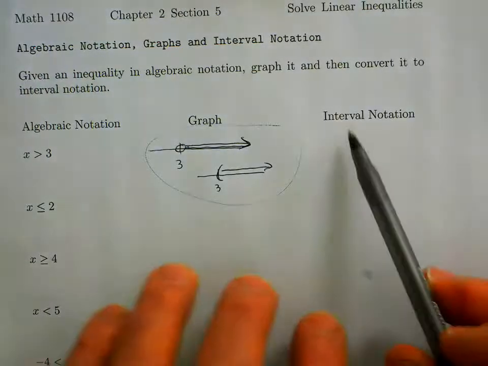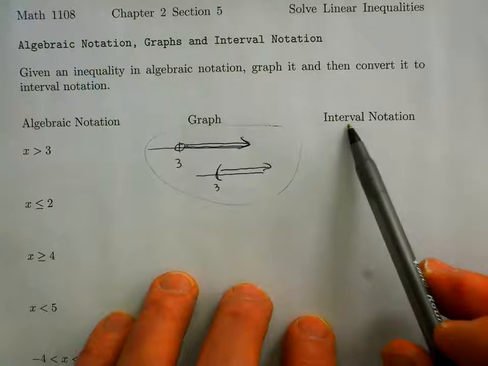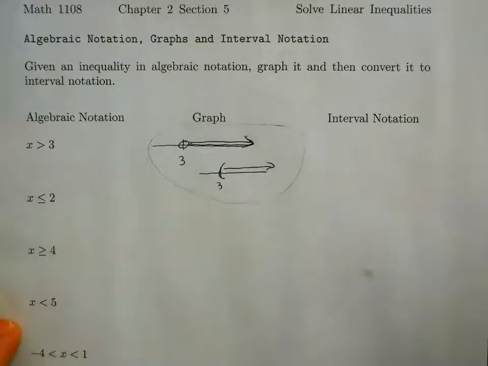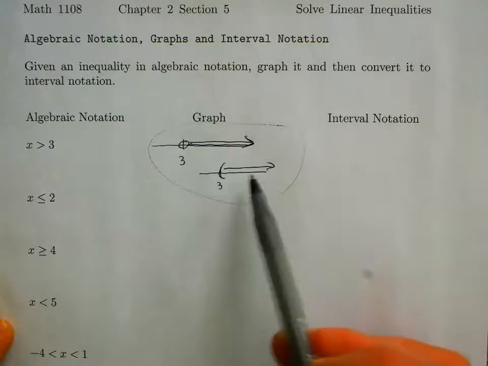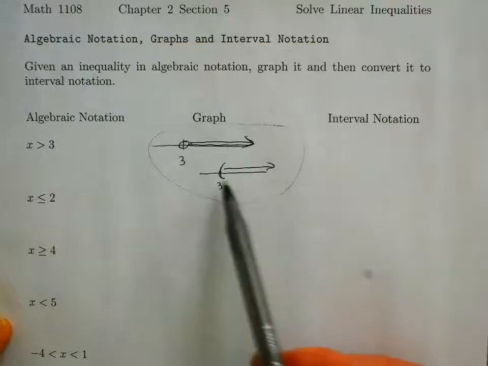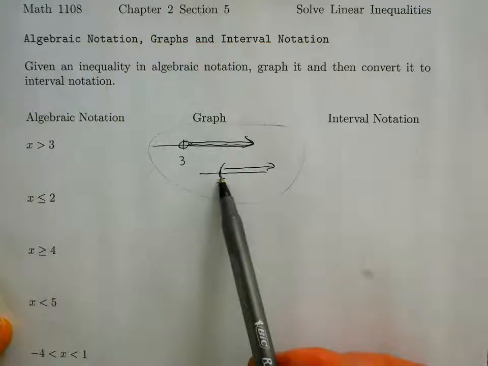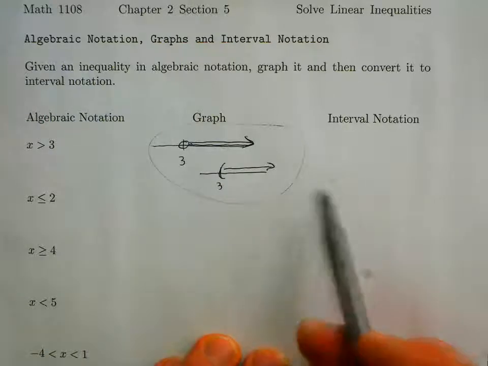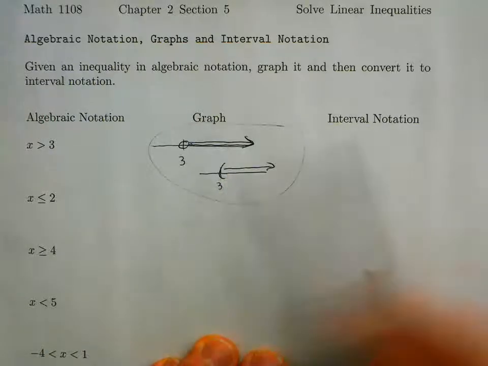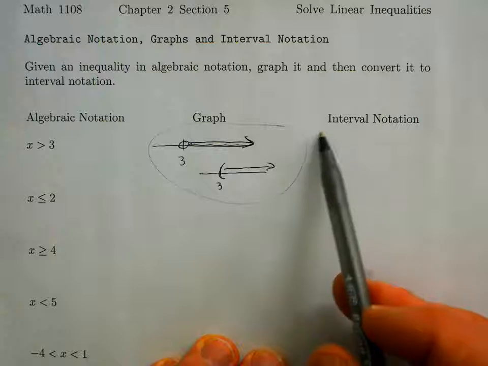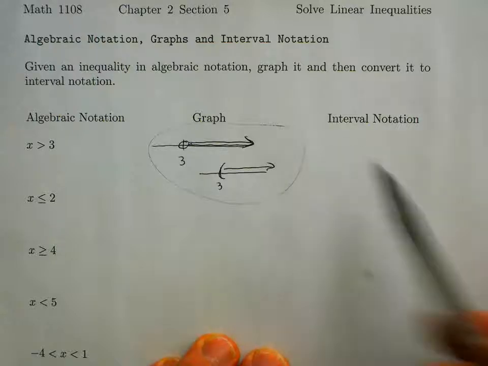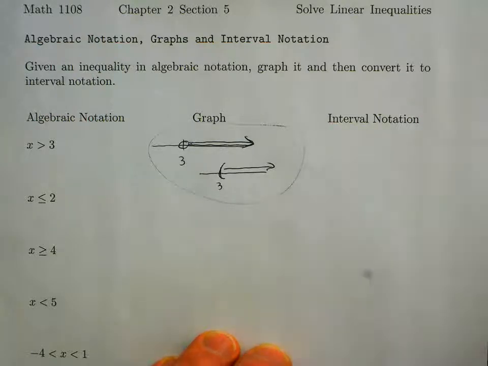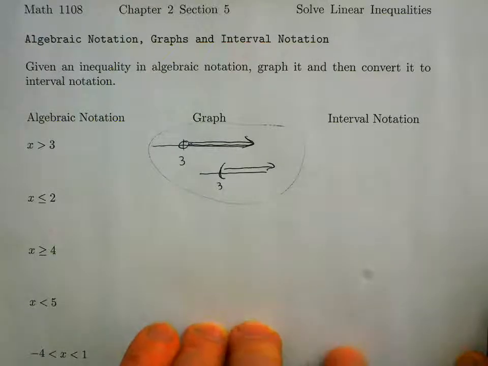Okay, for interval notation, the interval notation resembles the graph when we use either a parenthesis or a bracket. And the convention is to write the symbols as they would appear from left to right on a number line.